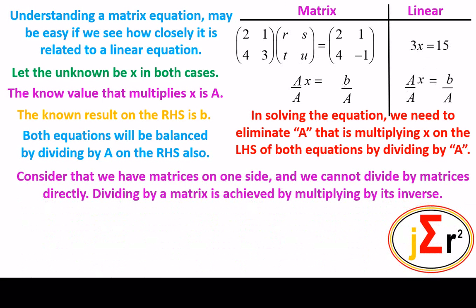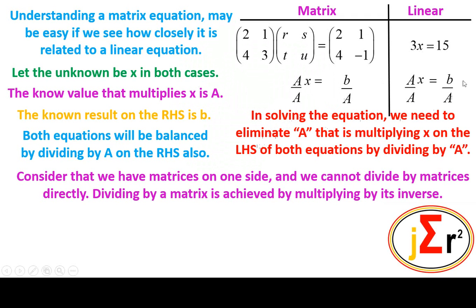Consider that we have matrices on one side, and we cannot divide by matrices directly. This side represents matrices. All of the components on the left hand side of the table are matrices. Dividing by a matrix is achieved by multiplying by its inverse.